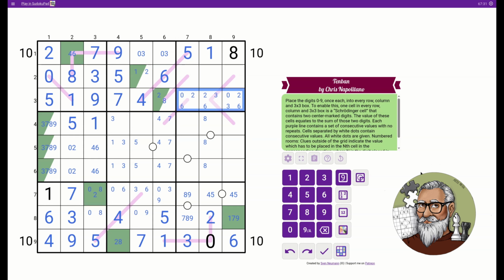We do need 3, and we do need 6, right? This isn't 6 though. Okay, is that resolving anything? Can this still be 1? Can this still be 0? Yeah, any of those could still be a green digit. So this doesn't have to be 0, 2, or 6. It could be 0, 2 or 0, 6.